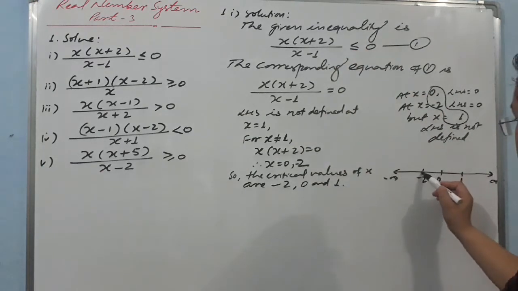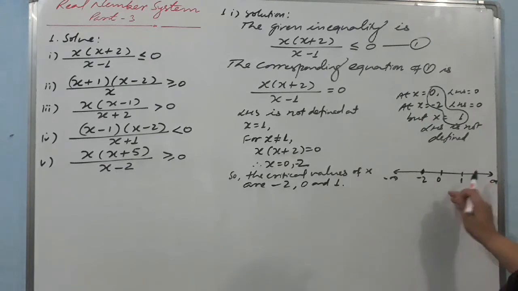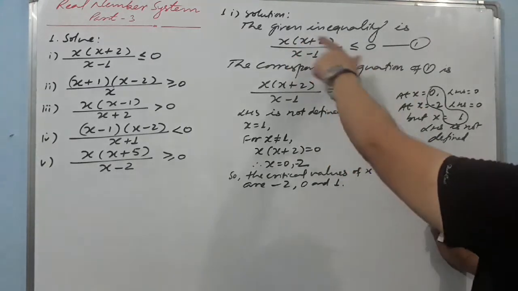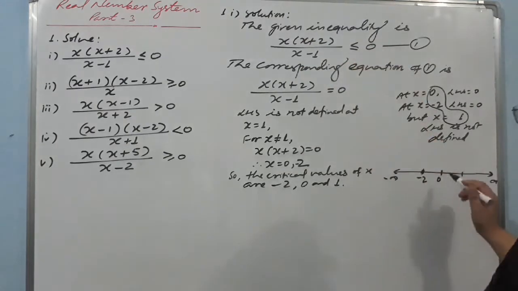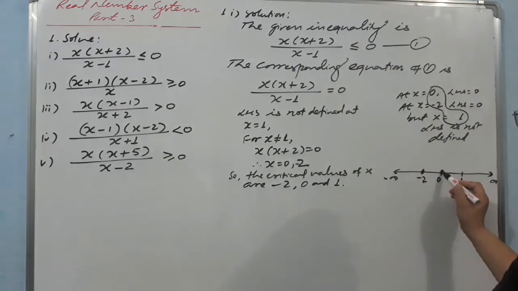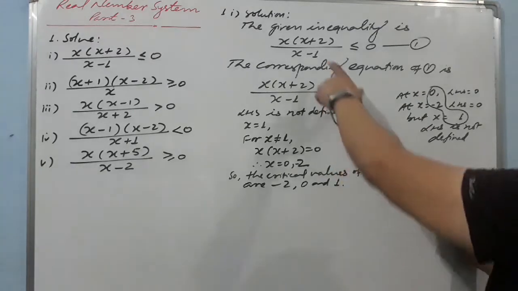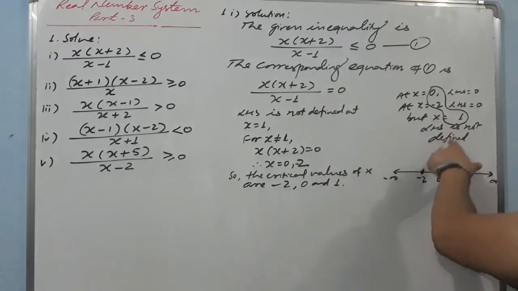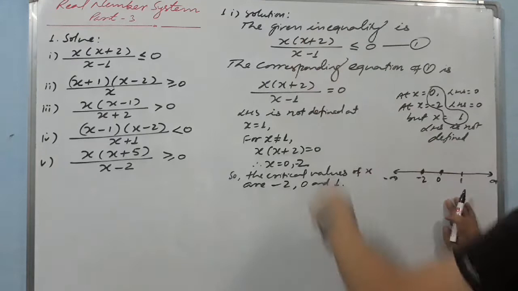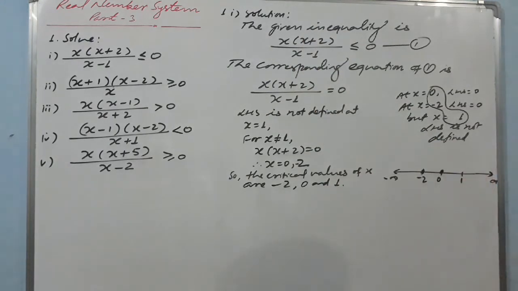So you can make a dark circle, a closed circle, at 0, because at x is equal to 0 the left hand side becomes equal to 0. Here also you can take your dark circle. At x is equal to 1 the left hand side is not defined, so here you can make a hollow circle, an empty circle, because at x is equal to 1 it is not defined.